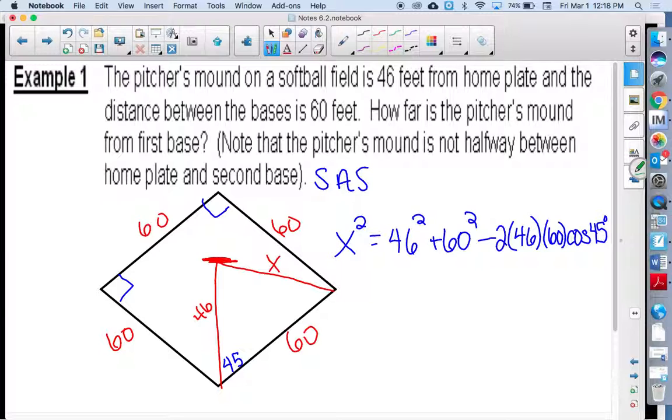There you go. And then second part: square root it, second answer. So you should have gotten 42 point 8. Anybody not get it?